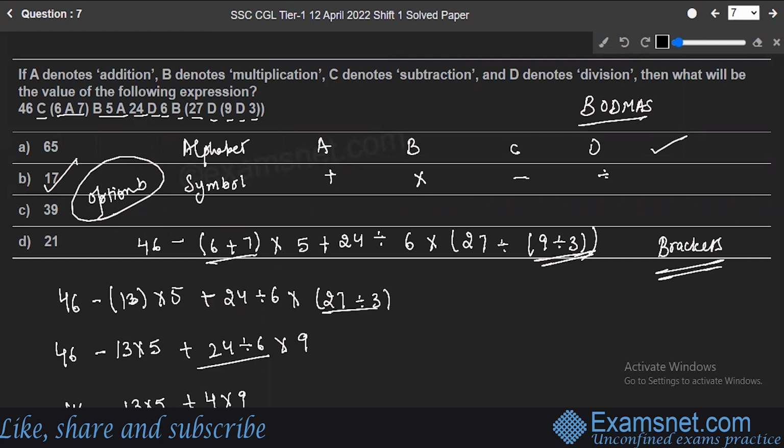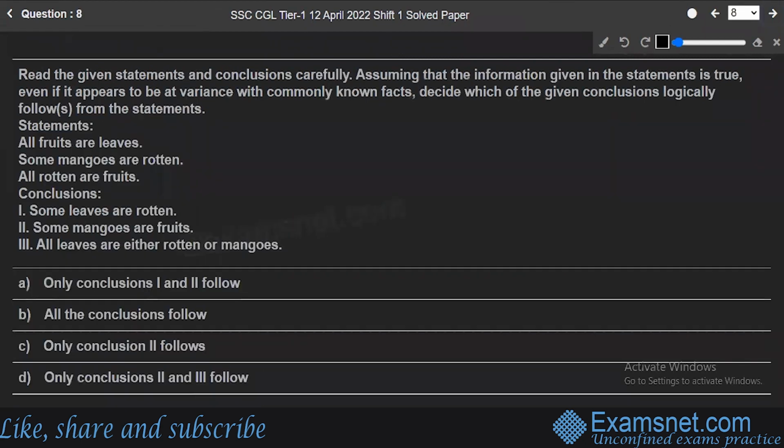Next, question number 8. You have to read the given statements and conclusions carefully, assuming that the information given in the statement is true, even if it appears to be at variance with commonly known facts. Decide which of the given conclusions logically follow from the statements. Here the first statement is: all fruits are leaves.